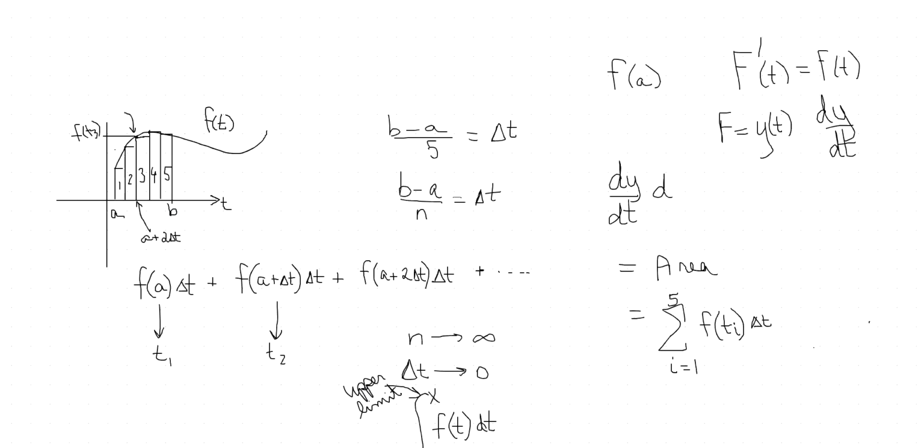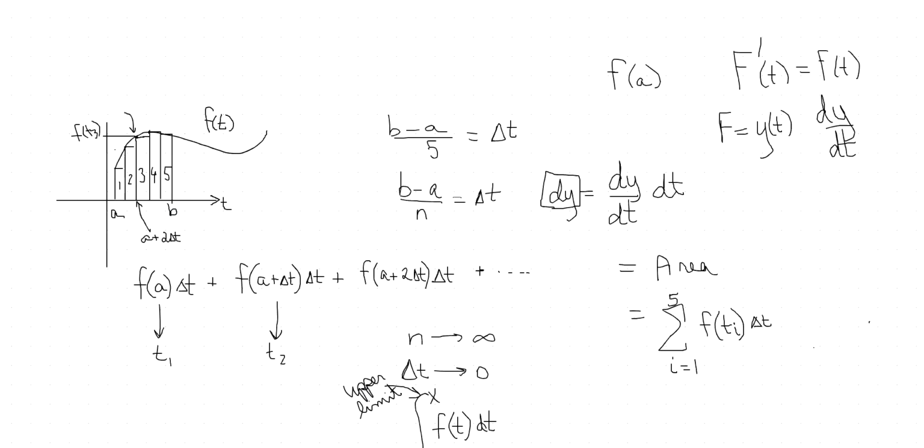So we have many examples of this. We can take our speed, which is a rate of change of position with respect to time, and multiply it by how much time we spend at that speed. That would give us how much our position changed, dy.